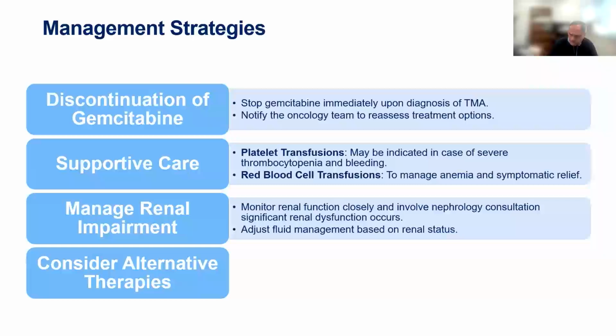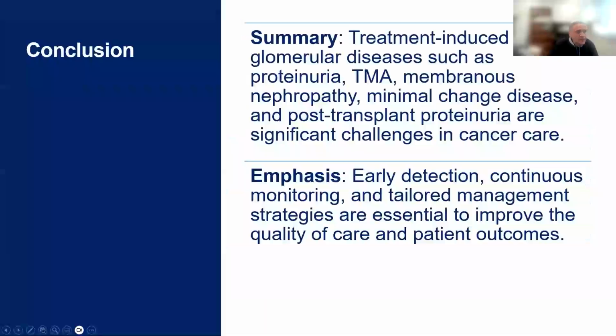Give platelets as needed, as well as a transfusion if needed, and monitor kidney function closely. Involve nephrology, of course, if there is significant renal dysfunction, and adjust fluids based on renal status. From the cancer point of view, consider other alternative therapy for the specific cancer they have.